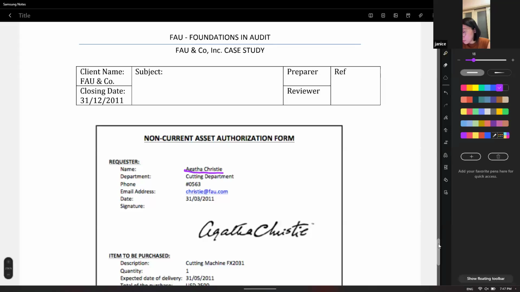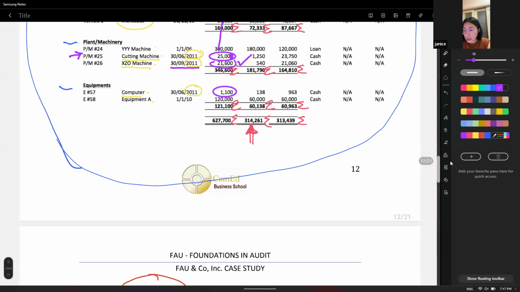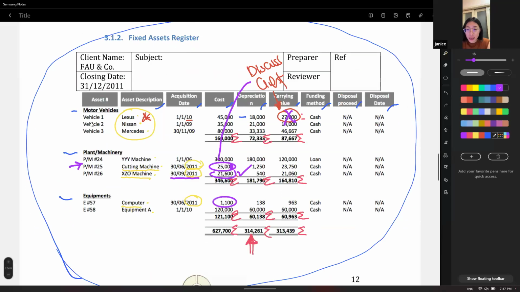As you may know, in our little example here, it would have different elements, right? The number of assets, the description, the date, the cost, the depreciation, and the net value.